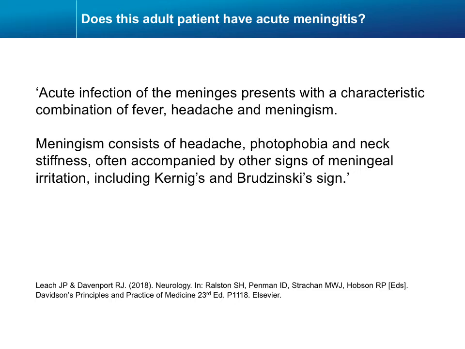Meningism is headache, photophobia, neck stiffness, and often other signs of meningeal irritation, including Koenig's and Brudzinski's sign. Now, let's imagine you're an ACP about to see this 30-year-old woman with suspected meningitis, and this is maybe what you've read, what you've been taught. The problem is it isn't true.